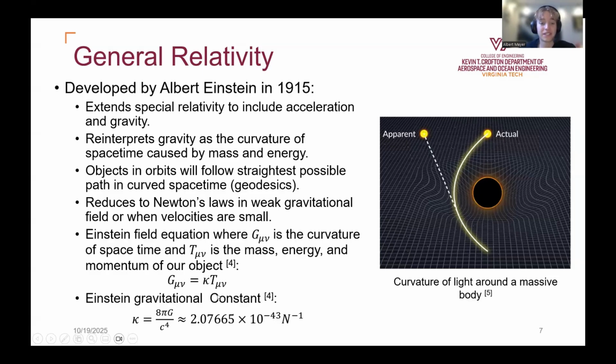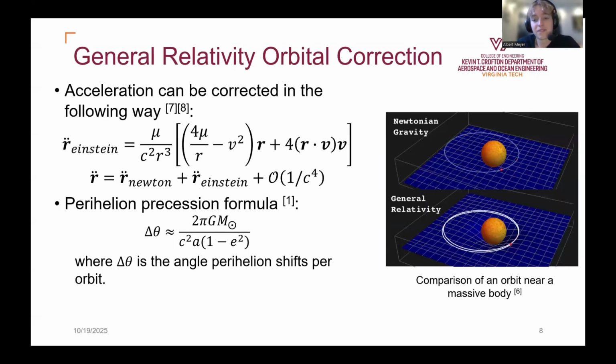So the takeaway is that the effect is very, very small unless you have a lot of mass in a very massive object with a lot of energy. So you're not going to be bending space-time unless you are a supermassive object.